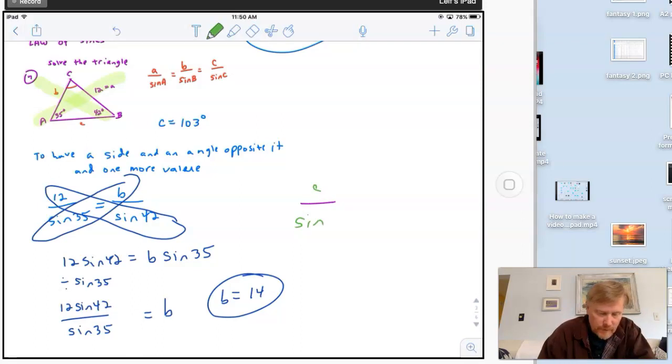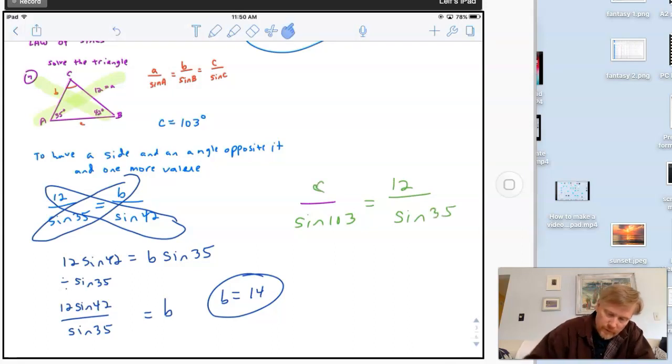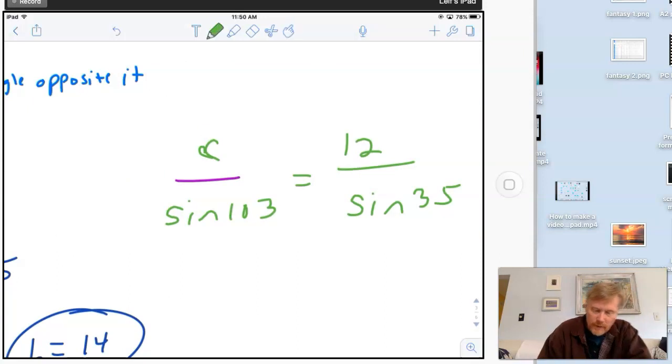Over the sine of the angle opposite C, we said C was 103 degrees, equals, I can use that same A over the sine of angle A, which was the 35. So you can reuse some of those values in the fraction there.